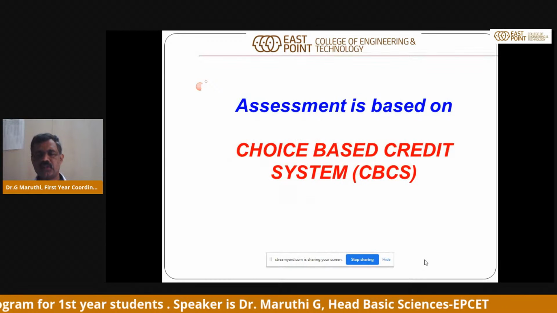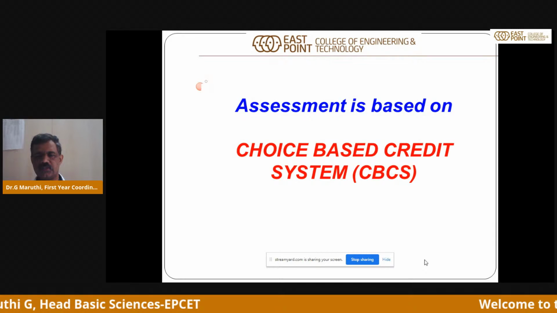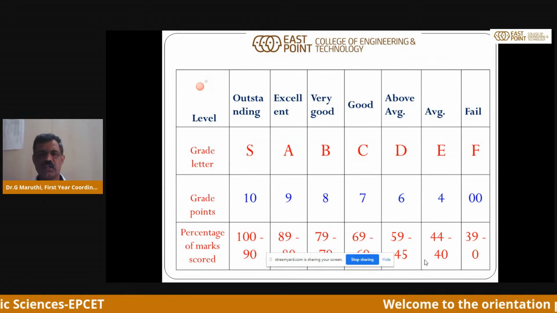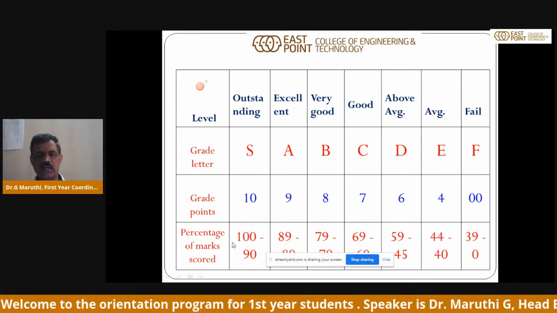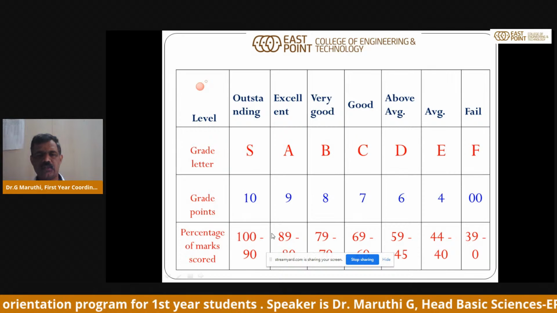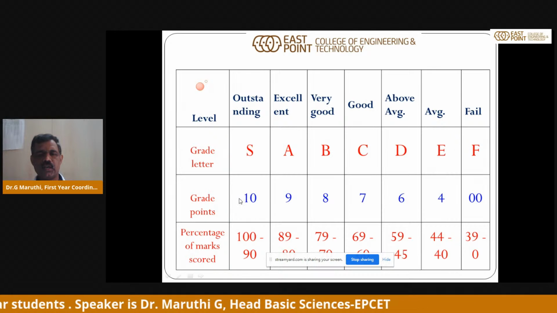Actually, here in the exam, we are not going to give the percentage because here the assessment is based on the choice-based credit system. In this choice-based credit system, say for example, a particular student has scored marks between 90 and 100. It may be 93 or 96 or it could be even 98. Then we are going to give grade points.